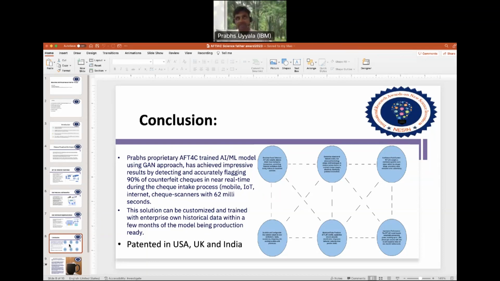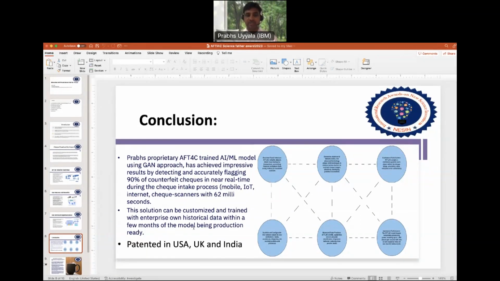Majority of the current industry systems reach only up to 70% or a max of 80%. We are happy to announce that this product is the best in class, reaching 90% in near real time, with a processing speed of 62 milliseconds.